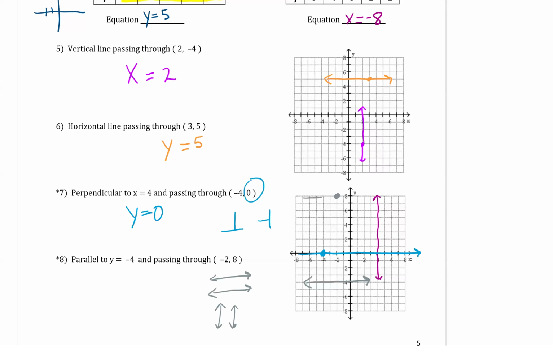So I want the horizontal line that goes through the point -2, 8. So this is going to be y equals, again, the y value, which is 8. So I put stars by these. These might take a little extra work, but just know perpendicular lines, one's going to be an x equals, one's going to be a y equals. If you have parallel lines, then they're both going to be either x equals or y equals for their equations. All right.